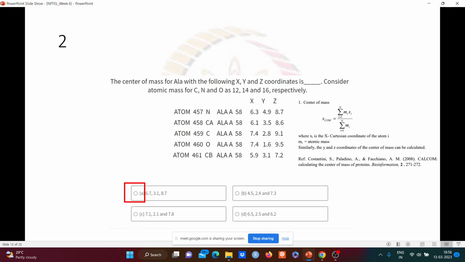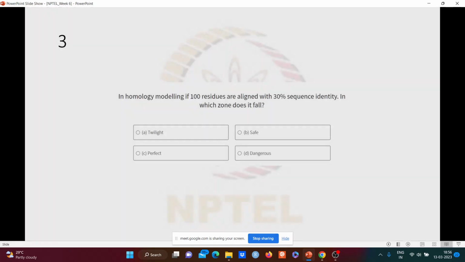Okay, moving on to the third question. So in homology modeling, if 100 residues are aligned with, yeah, it says three times.